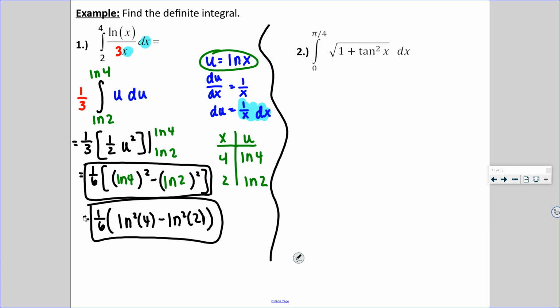Now this next one, we actually don't need to use u substitution. We're going to use a trig identity. This trig identity, you are expected to know the Pythagorean identities. Do you guys remember off the top of your head what 1 plus tangent squared is the same as? Secant squared.